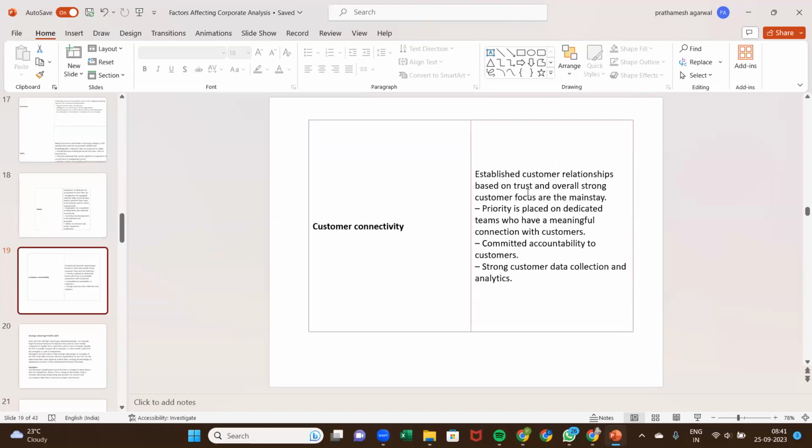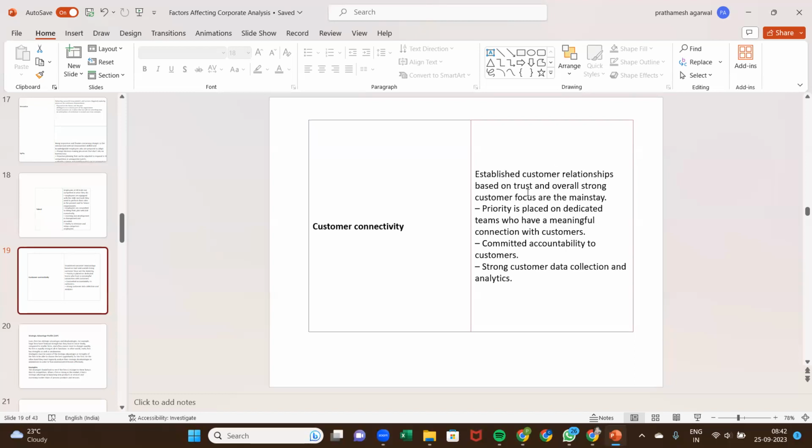Then, customer connectivity. Establish customer relationships based on trust, and overall strong customer focus is the mainstay. Very important, because ultimately our customer is going to be the consumer.